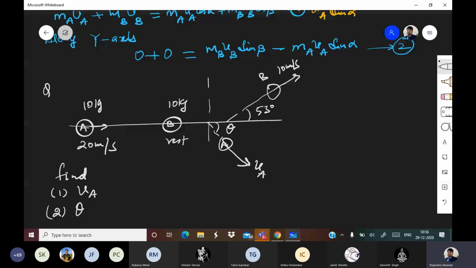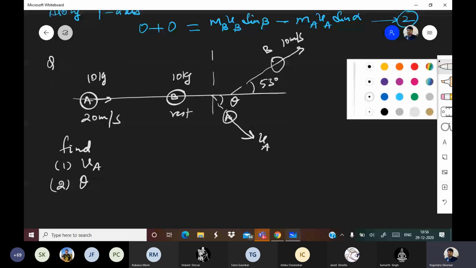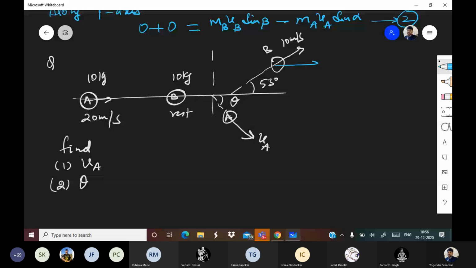So along this direction, this will be 10 cos 53. This will be 10 sin 53. Similarly, this will be VA cos theta. This will be VA sin theta. By LMC along x-axis.